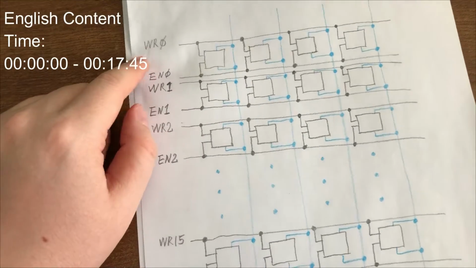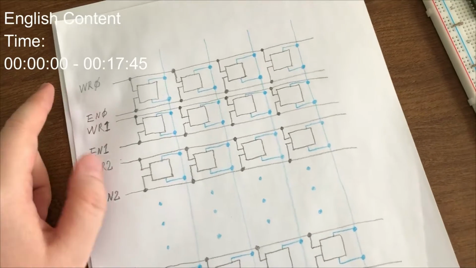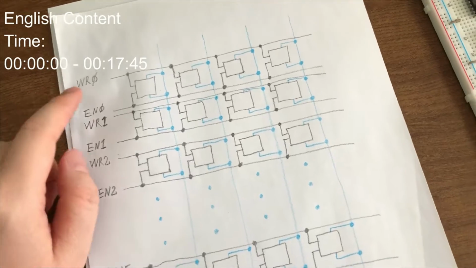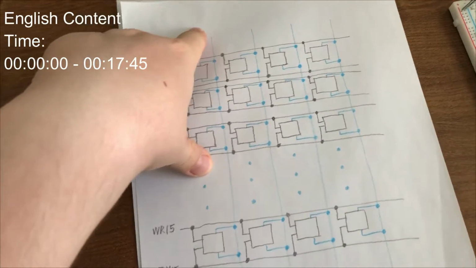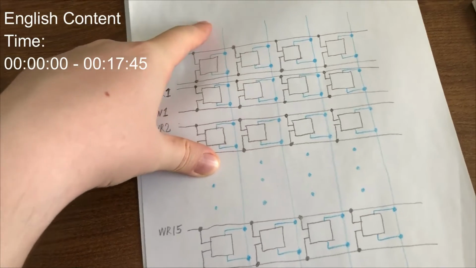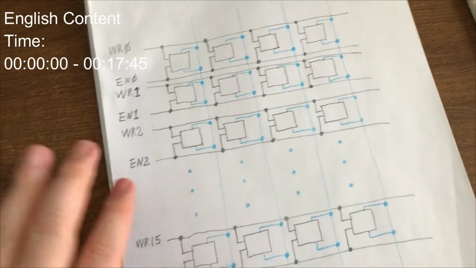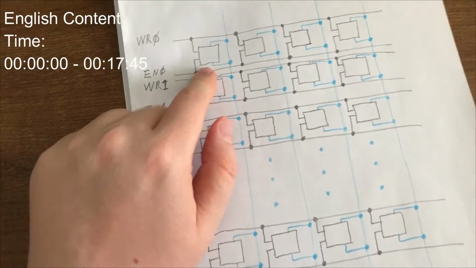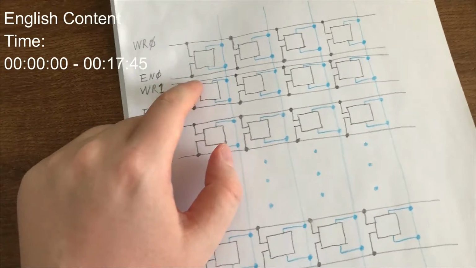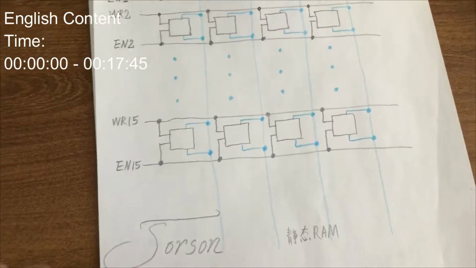We're using enabling and data writing signals. The signals come from this line, and when it has a writing signal, it will store the data. When it has an enabling signal, it will output the data into this output line.